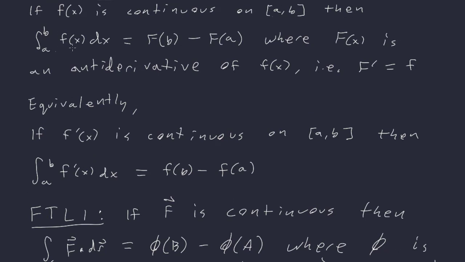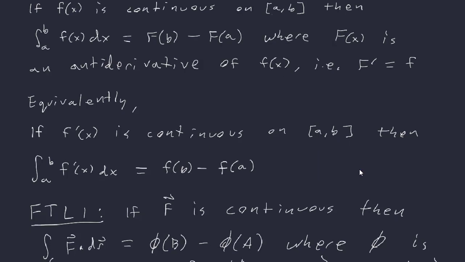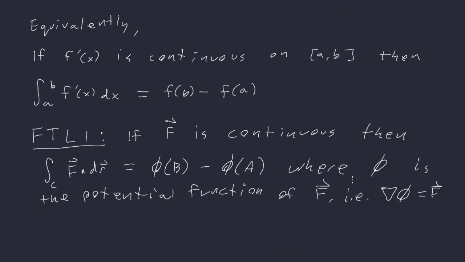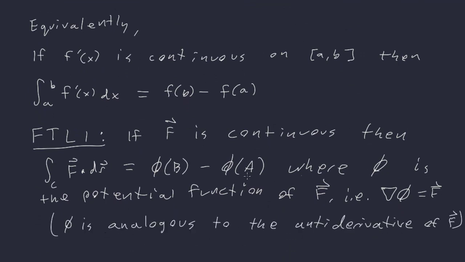If f is continuous, then the definite integral ends up being capital F of b minus capital F of a. Capital F is the antiderivative of little f, i.e. capital F prime is equal to little f. Phi is equivalent to the antiderivative of capital F.